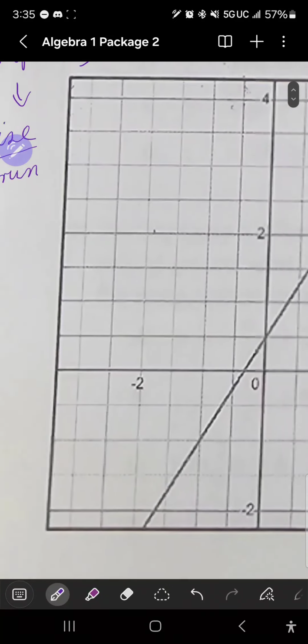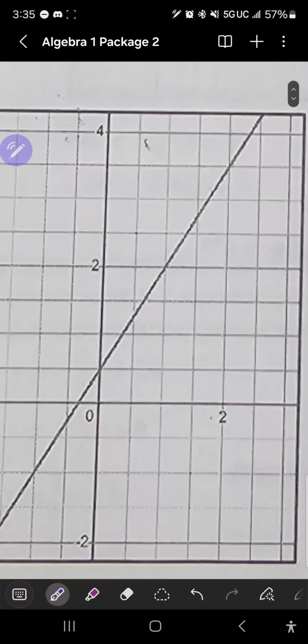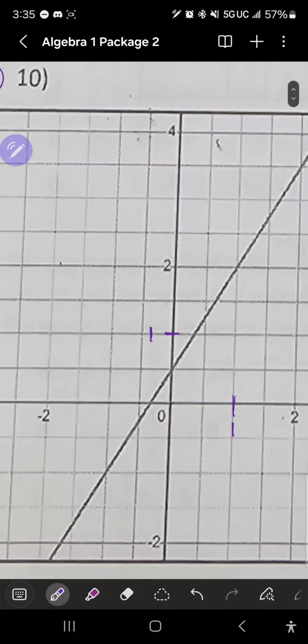Now you need to be careful because as you see here, every 4 squares there are going to be 2 points. So this means that this is going to be 1, this is going to be 1, this is going to be negative 1, and this is going to be negative 1.